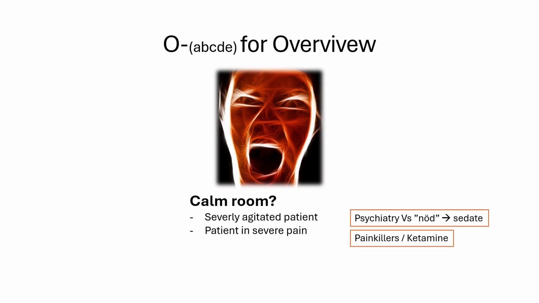And sometimes, depending on where you work, you have to use sedation, usually Haldol or similar, in combination with some kind of benzodiazepine, especially if they're hypothermic. That's a really good combination, or olanzapine.